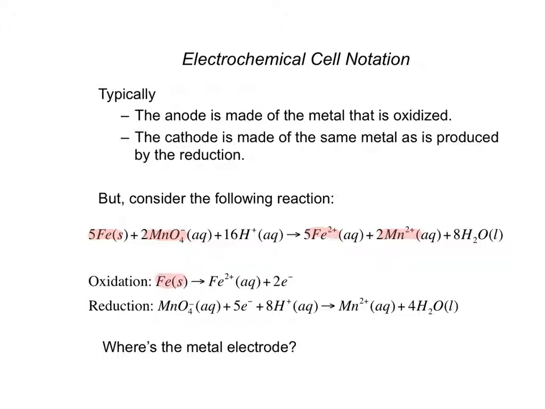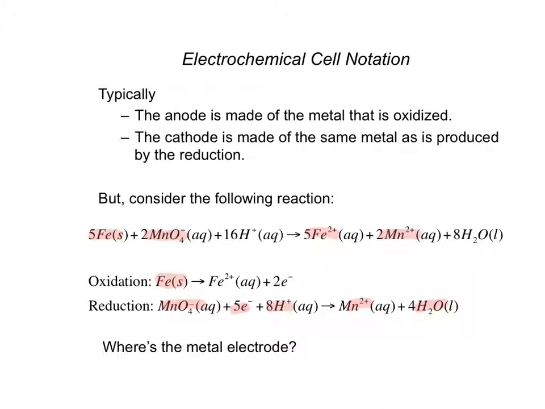But where's the metal for the reduction half reaction? In the reduction half reaction, we've got this permanganate, 5 electrons, and some protons going to Mn2+ and 4 waters. So where is the overall metal for this? There is none, right? But we can still utilize this in a nice voltaic cell.